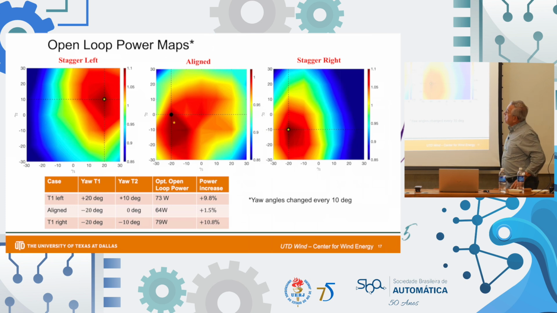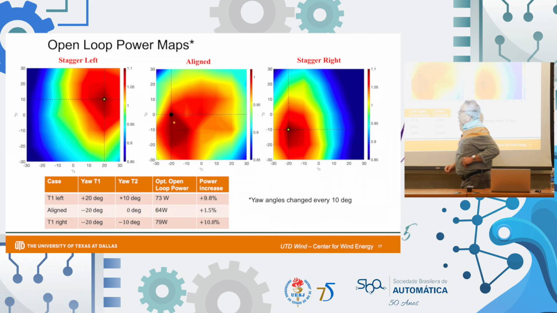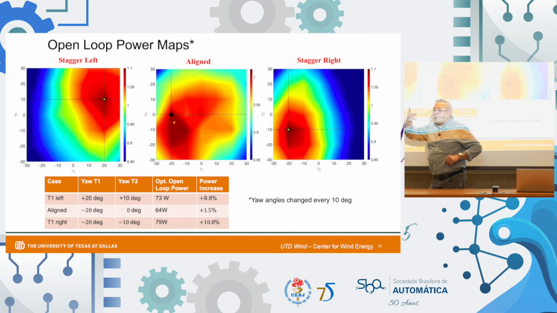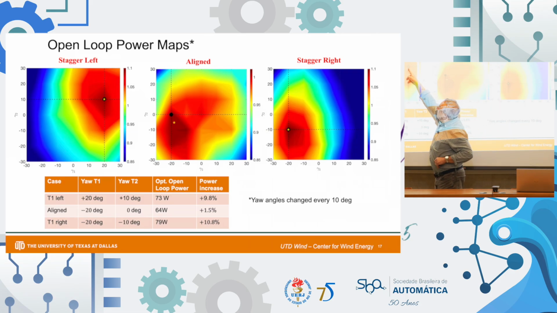So here are the results for the 3 cases. We are controlling the first 2 turbines using the sum of power of all 3. So contour plots for power are shown here. This is gamma 1, this is gamma 2, units are in degrees, and the optimum is right there for the staggered left configuration.